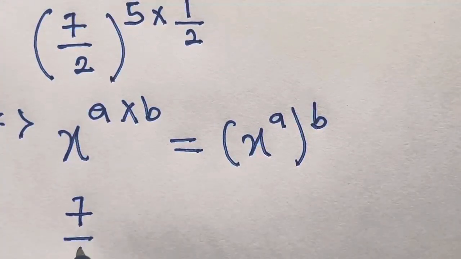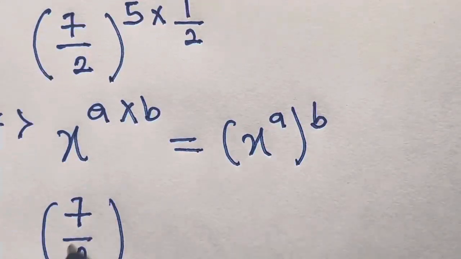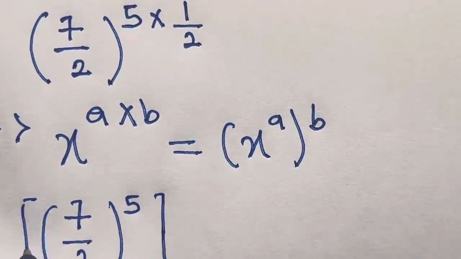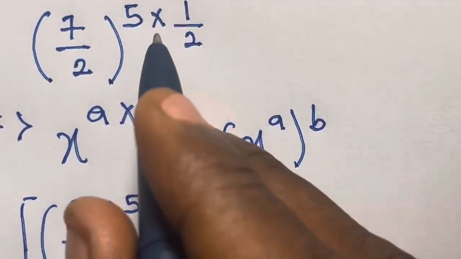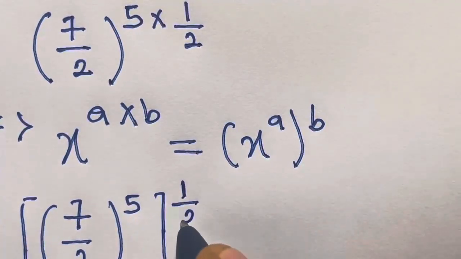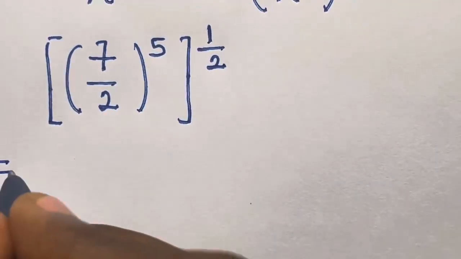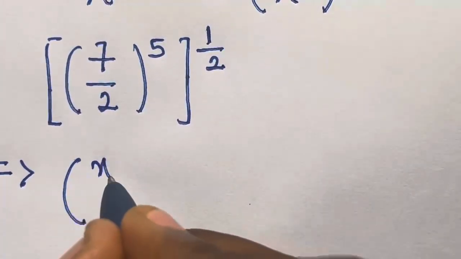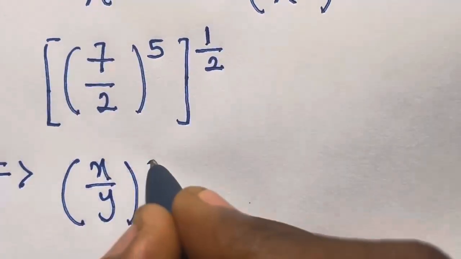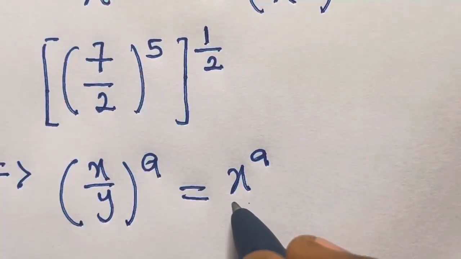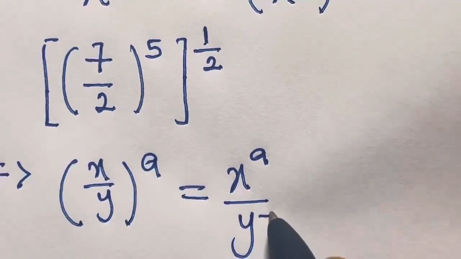(7/2) raised to the power 5, then again raised to the power 1/2. Also, let's recall that if you have x divided by y raised to the power a, this equals x raised to the power a divided by y raised to the power a.